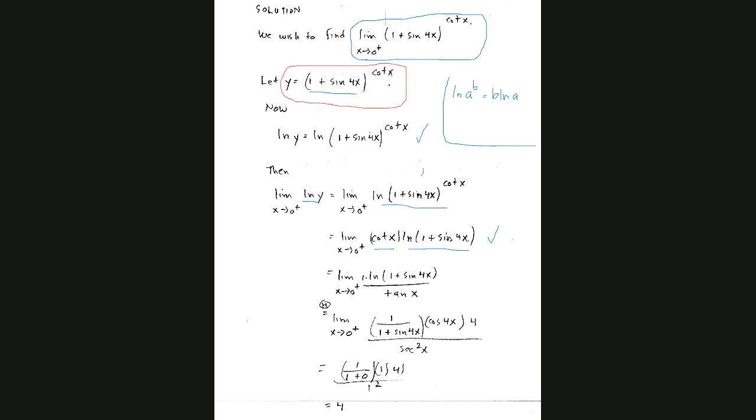Now, what we're going to do here is I've got to get a fraction. I've got to get an f over a g. So let's say that I wanted to call my log of 1 plus the sine of 4x my f function. How could I get a function g in the denominator from the cotangent of x?